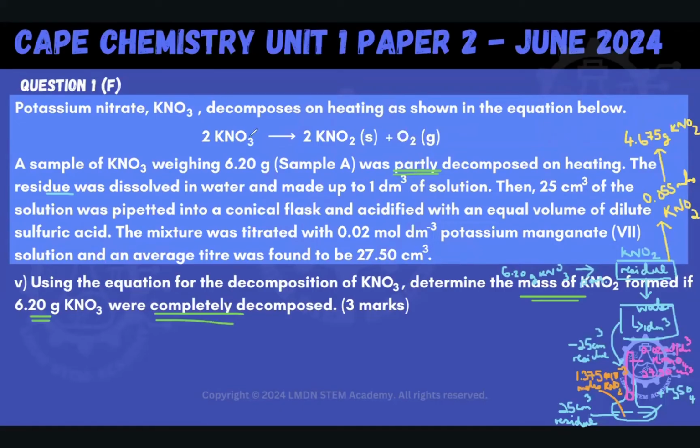We're going to use this equation up here, right? And that equation tells us that 2 moles of KNO3 would give us 2 moles of KNO2 upon complete decomposition.